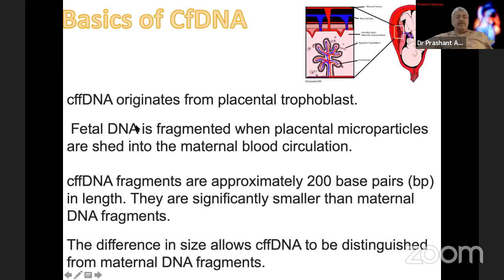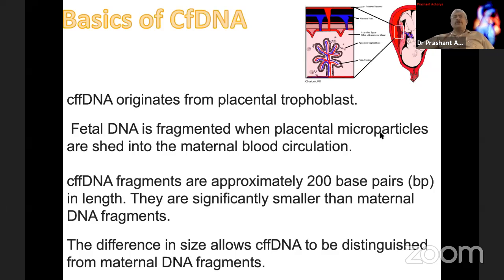Now these fragmented DNA, when you extract them from the maternal blood, have a different property than the maternal DNA itself. The fragmented DNA are almost around 200 base pairs in length if fetal in origin, significantly smaller than the maternal fragments.